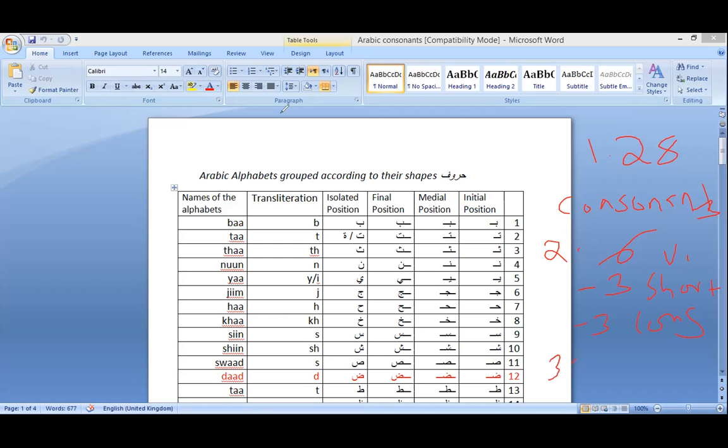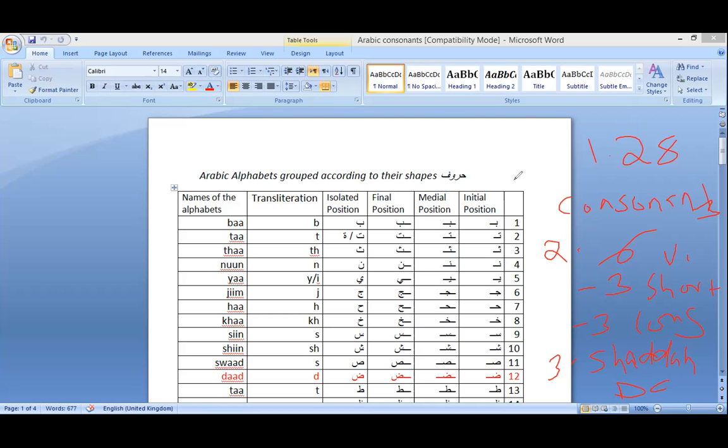Then thirdly, there's something called shadda. In English, it's called DC, double consonants. So these are things first you need to know. Arabic has 28 consonants or 28 letters, 6 vowels, of which 3 are short and 3 are long, and shadda. How much are these? 28 plus 6 plus 1.